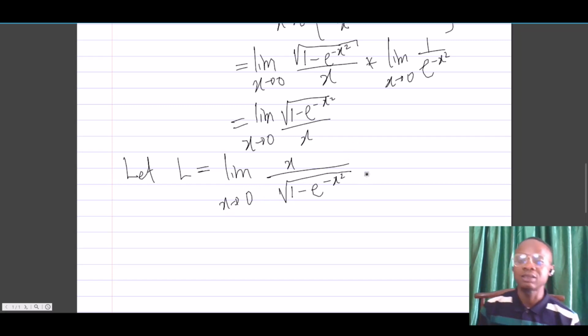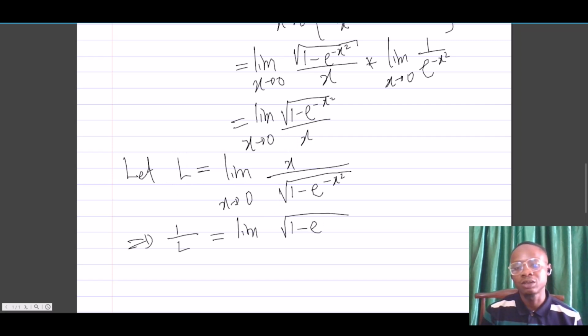If that is the case, then it follows that the limit of this inverse will be 1 over L. So if this one is L, then the limit of its inverse will be 1 over L, equal to the limit of root of 1 minus e to the power minus x squared over x as x approaches 0. By just taking the inverse of this, we get this. That works because L is not 0. We have seen that from our rules of calculating limits.